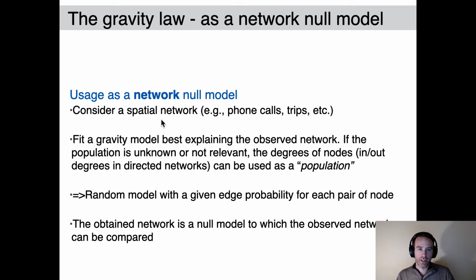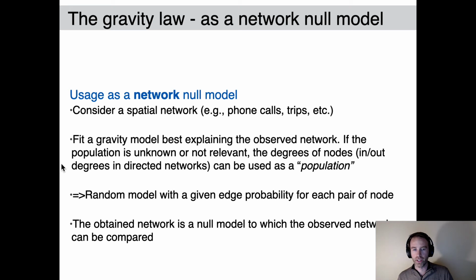Let's consider that you have a spatial network that you have observed, so phone calls, trips, whatever, and you want to fit a gravity model which best explains the network. If the population is not known, so if you don't have some notion of population, for instance, in the case of the airport dataset, maybe the population is not really meaningful.